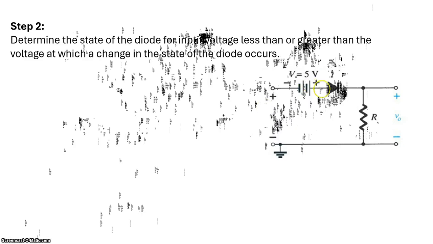So for that, you know that the diode's positive is here and the diode's negative is there. So this is the anode part of the diode, this is the cathode part of the diode. So you just find VA minus VK.